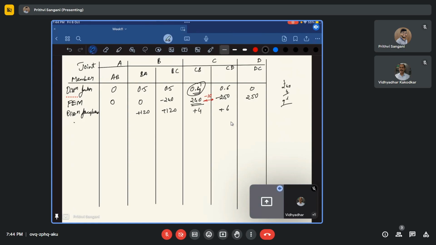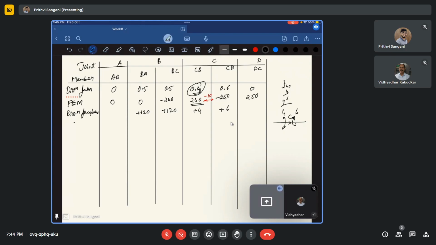And next, what is going to happen? Once we have this, this will also be carried over, right? Because now I'll take again the same condition at C. In C, CD is having a positive moment, this is clockwise, of 6, and CB is having again a positive moment, which is again clockwise, right? Okay, this is 4.